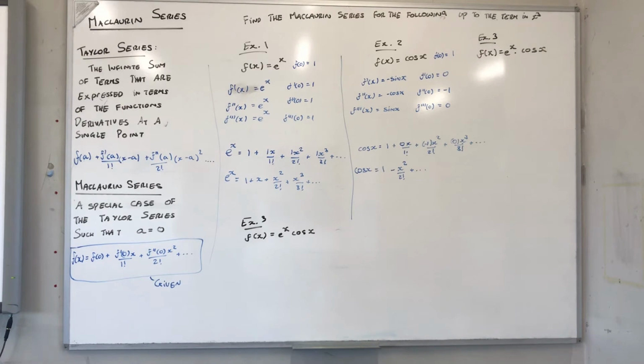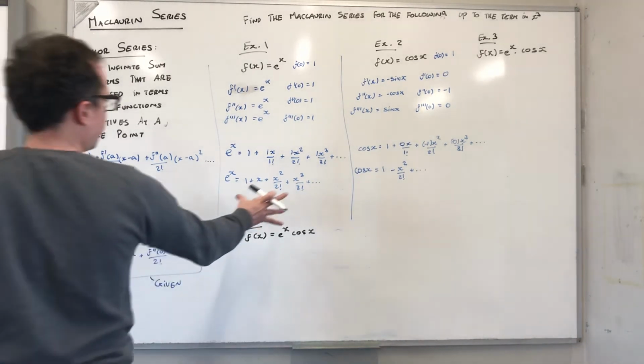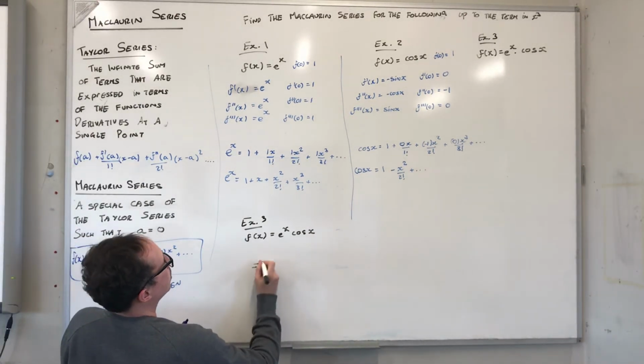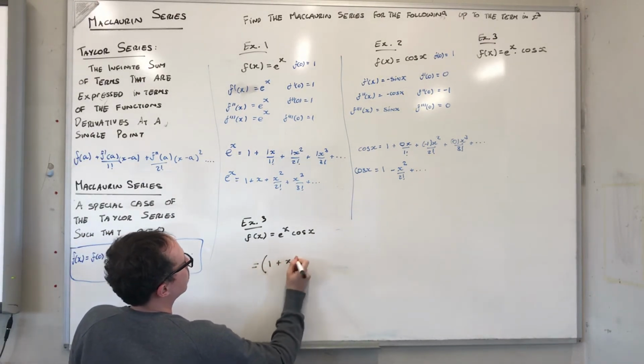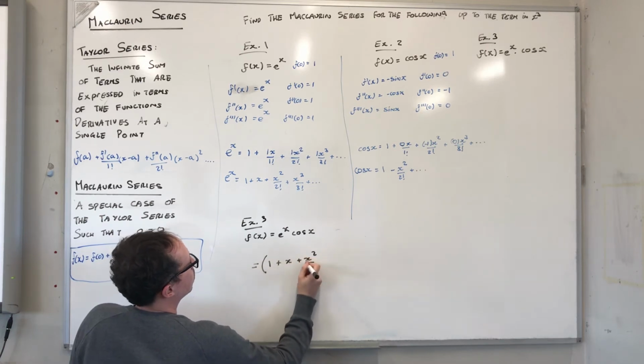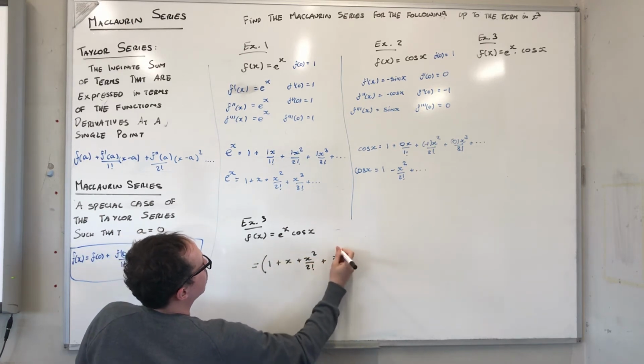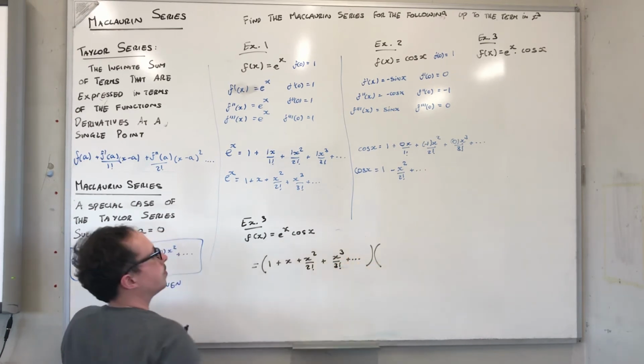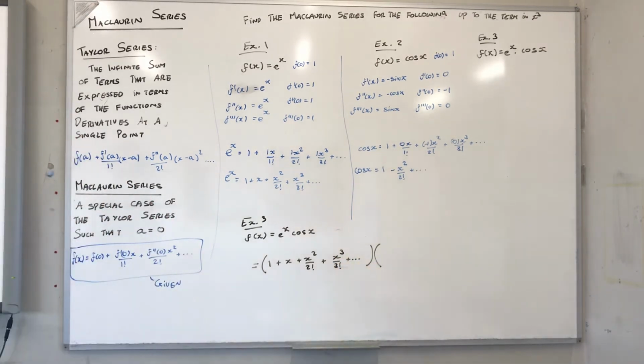I can see that the Maclaurin expansion for e to the x we've got here. And then I've got the Maclaurin expansion for cos x.